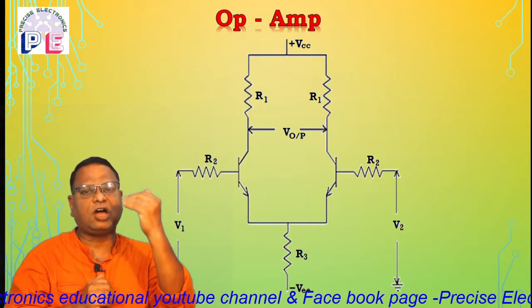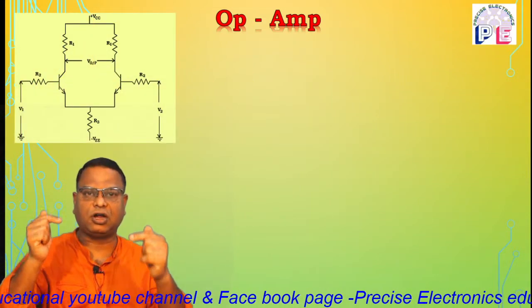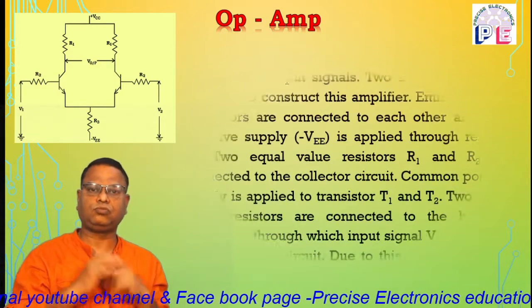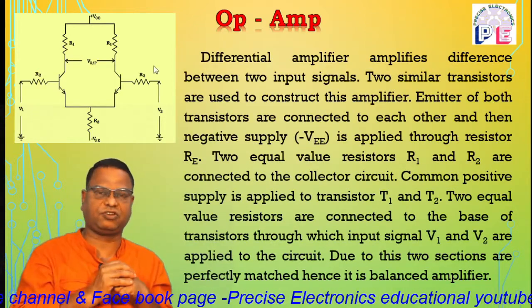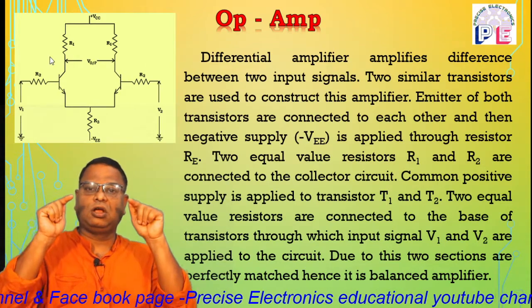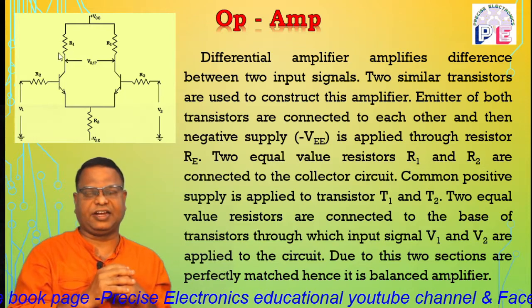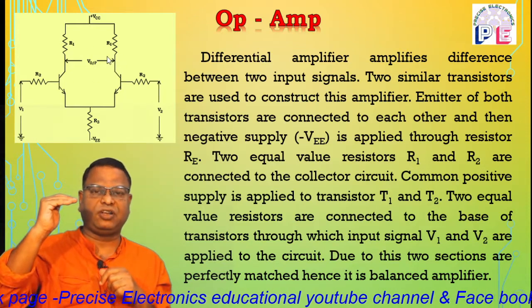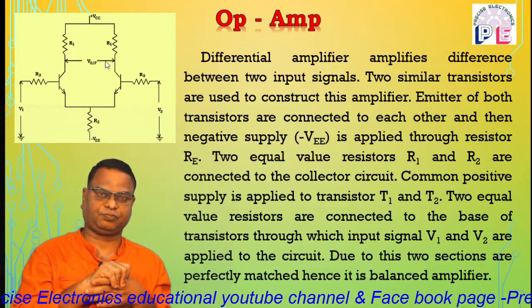Once again, the same value of resistance R2 is used as the base resistors, through which the input signals are connected to the bases of the transistors. Between the collector terminals, the output terminals are connected. The collector of transistor T1 and the collector of transistor T2 deliver the output signal.